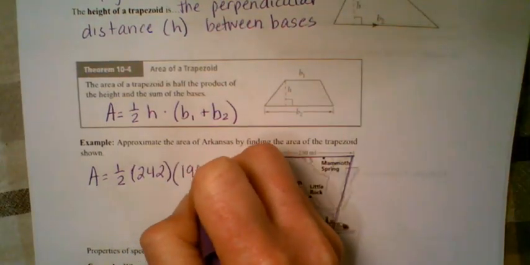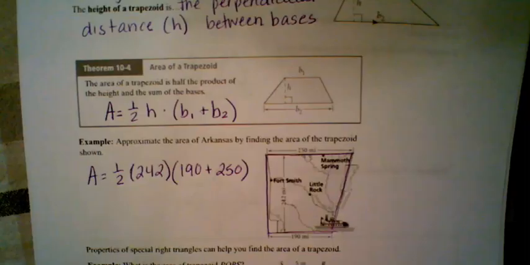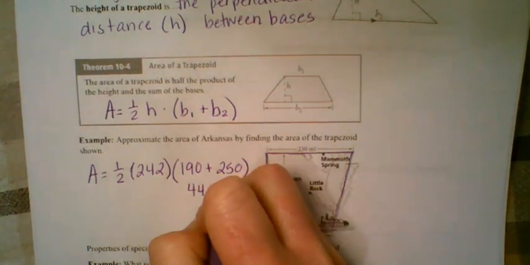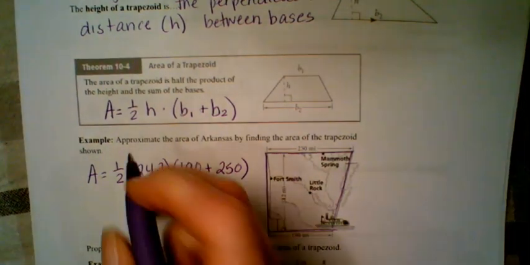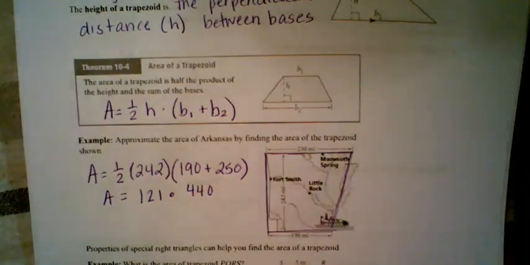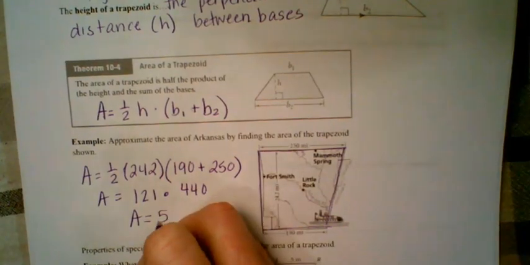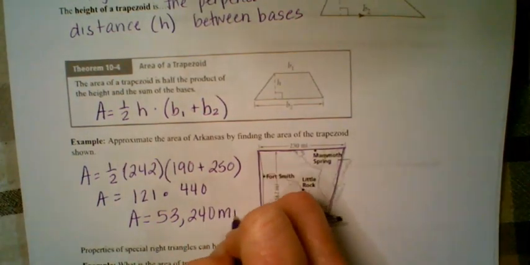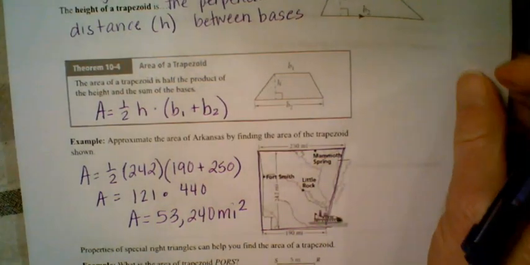So 190 plus 250. If we add those together, we get 440. Also, I can take half of 242, that gives me 121. So I have 121 times 440. Multiply that together on the calculator, you get 53,240 miles squared. Again, miles and area is always square units.